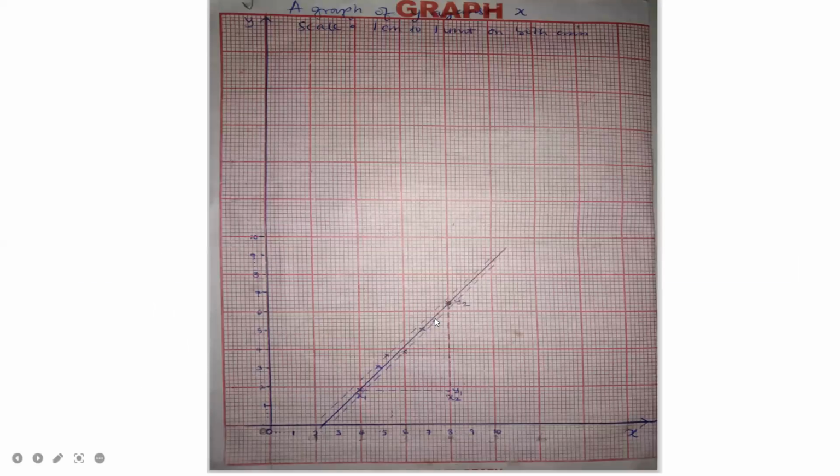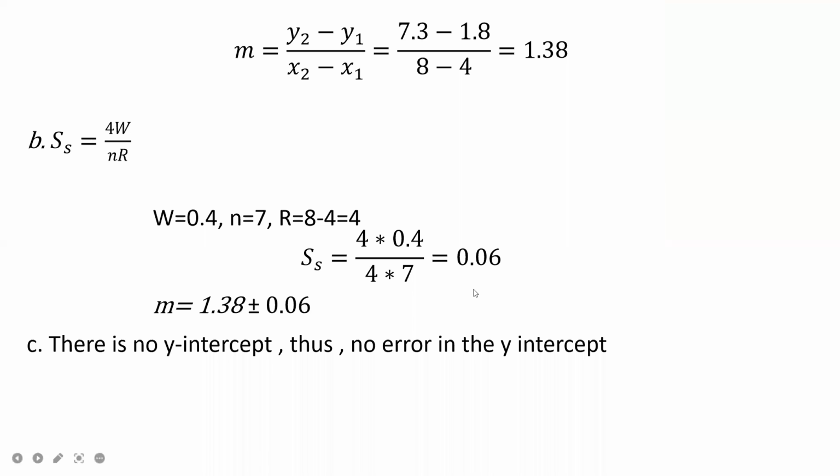Then the vertical scatter is simply the distance between those points that did not enter on the plot here. So if we take the distance between these points and these points here, we'll see that our vertical scatter will give us approximately 0.4, and the number of points plotted is 7. So I'm fixing these values in this equation.